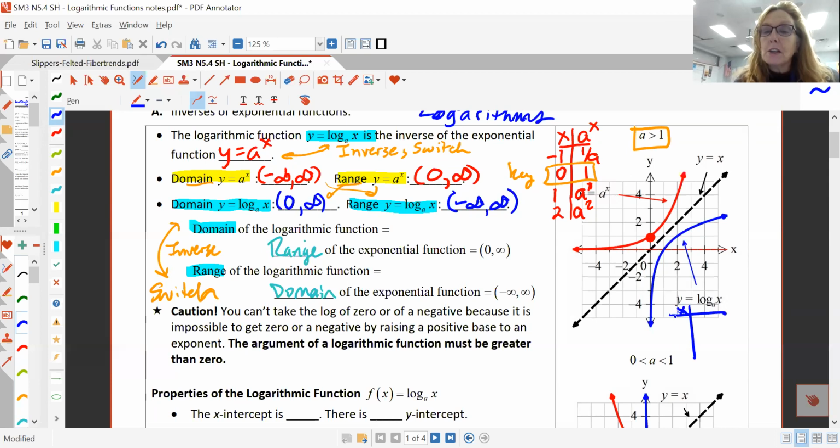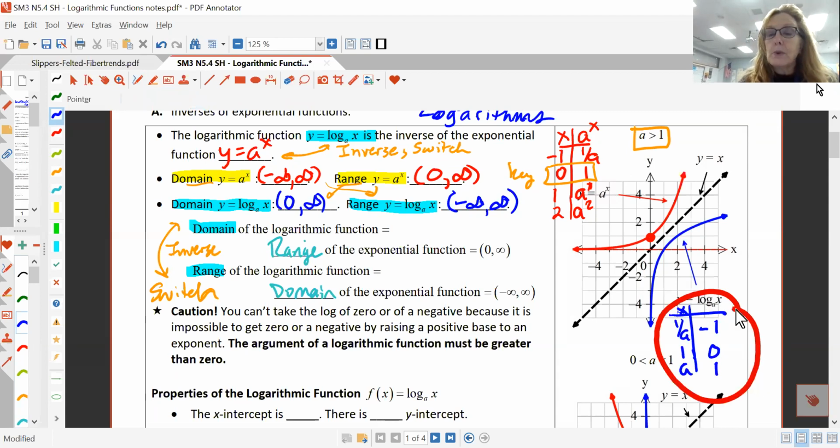Notice I'm switching. So what I put in is 1 over a, 1, and a, and what I get out is the opposite set. So I get out -1, 0, and 1. Okay, so I'm switching them out. So that is the switch.